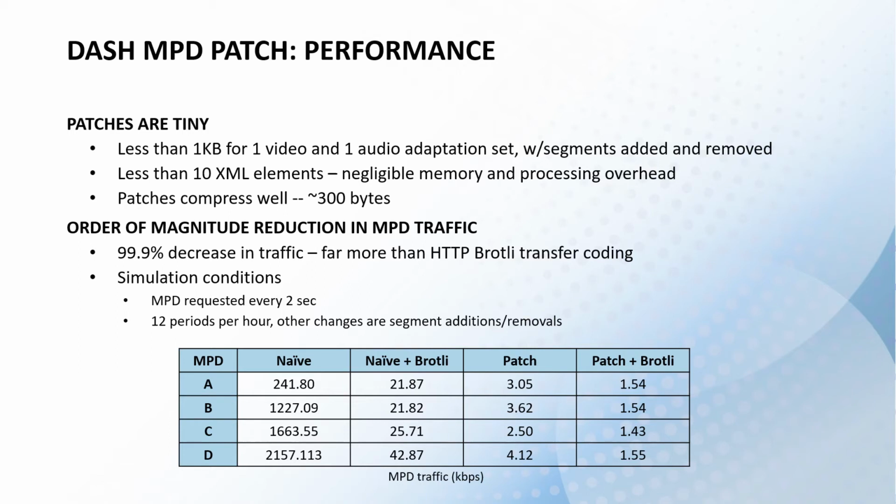If we don't do compression and just do patching, we get to 4 kilobits, which is, again, a pretty decent improvement. If we combine the two tools and use compressed patches, we're at 1.55 kilobits, and it is a pretty stable number here. So it's a pretty decent improvement from 2 megabits to less than 2 kilobits.